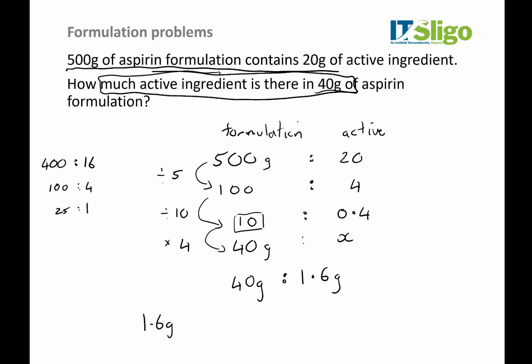But that's not what I was asked. So this is the simplest ratio to express formulation to active ingredient. But the question I was asked, how many grams of active ingredient is there in 40 grams of formulation? So the context of the question can change as we move around as well.